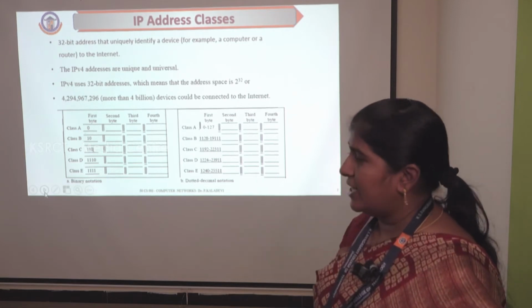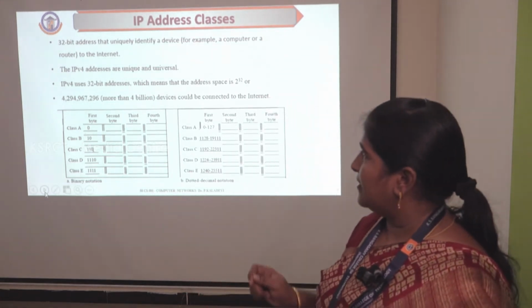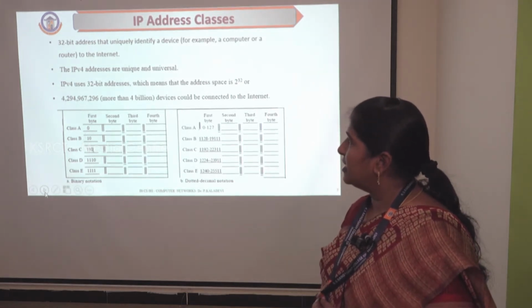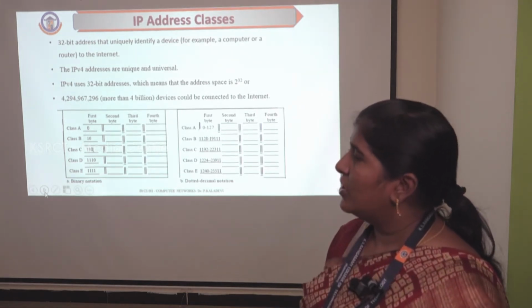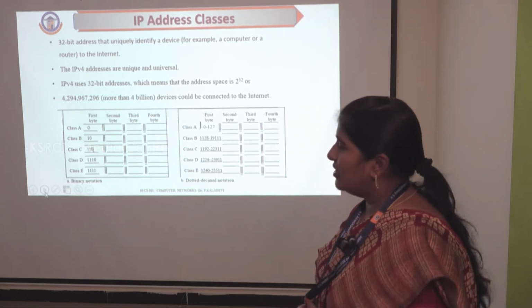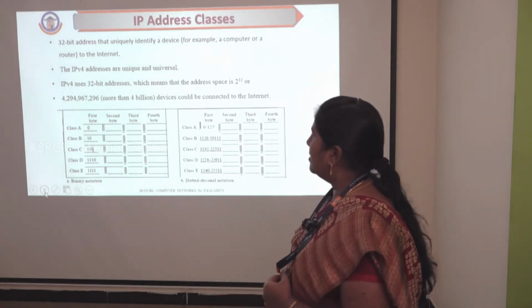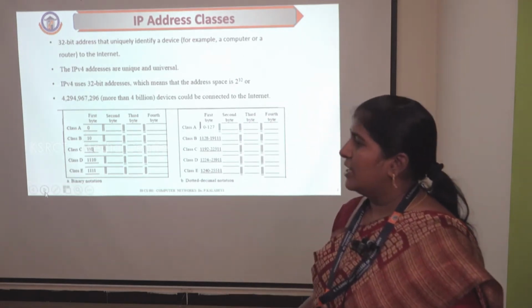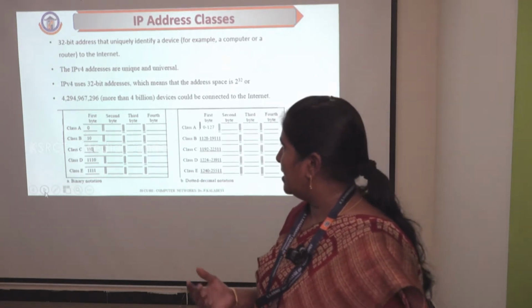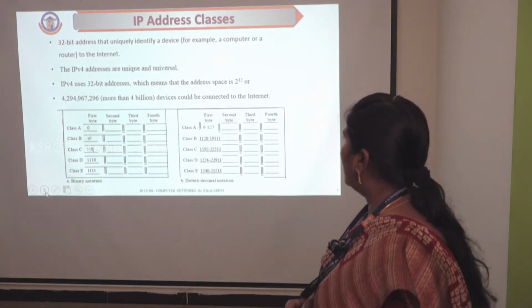If any address starts with 0, it comes under class A. If any address starts with 10, it comes under class B. So by looking at the first few bits in a binary IP address, we can identify the class to which it belongs.